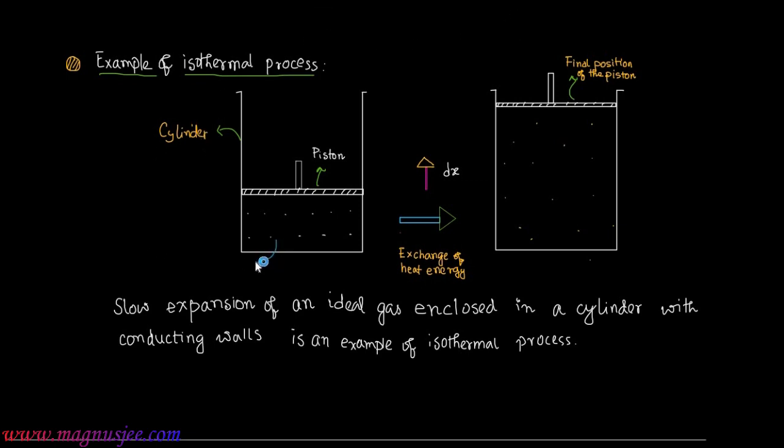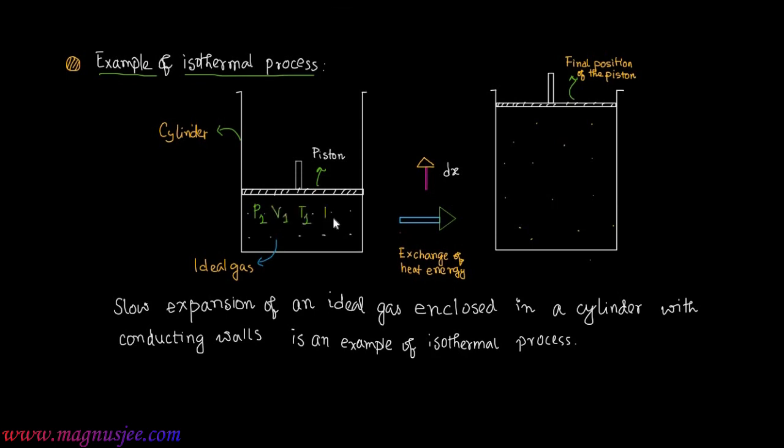This is a cylinder which encloses some amount of ideal gas. The cylinder is fitted with a frictionless piston and encloses some amount of ideal gas, and P1, V1, T1, E1 and Q1 are the initial pressure, volume, temperature, internal energy and heat energy of the ideal gas enclosed in the cylinder.